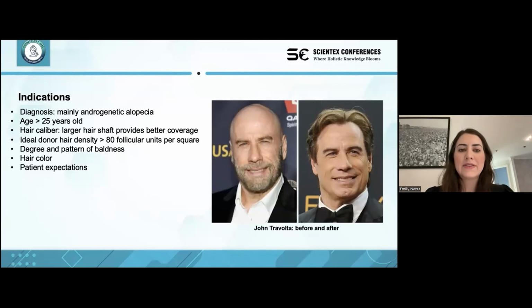We must select the hair caliber because larger hair shafts provide better coverage. And the ideal donor hair density is up to 80 follicular units per square centimeter. We must also classify the degree and pattern of baldness before indicating the hair transplantation. We know that light hair color provides a discrete coverage, and we must clarify patients' expectations to avoid deceptions after surgery.